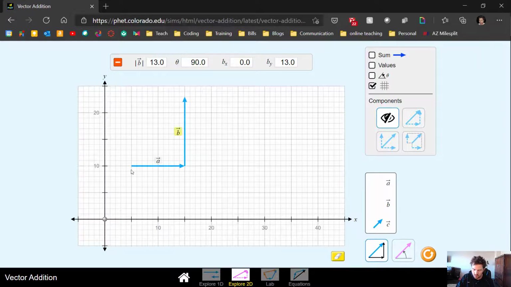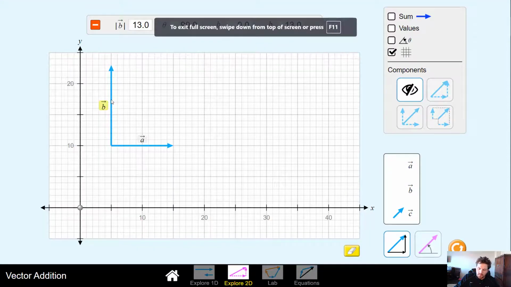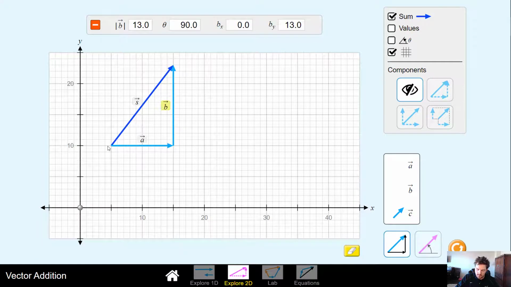If we do this, right, this would be like originally what we had. I got a vector going to the right. I got a vector going up, and I would put it tip to tail. And if I want to see what the vector sum is of these two together, right, there it is. If I make any of these vectors smaller, then it reduces the overall size of that sum.